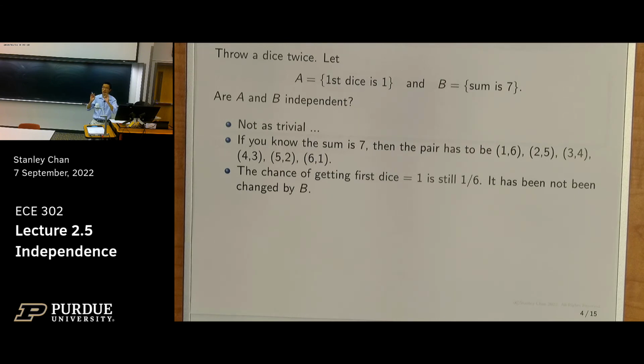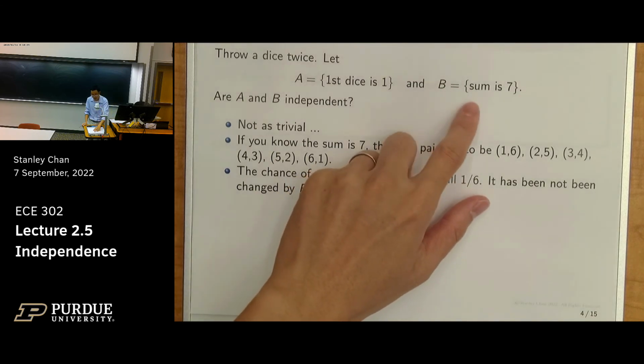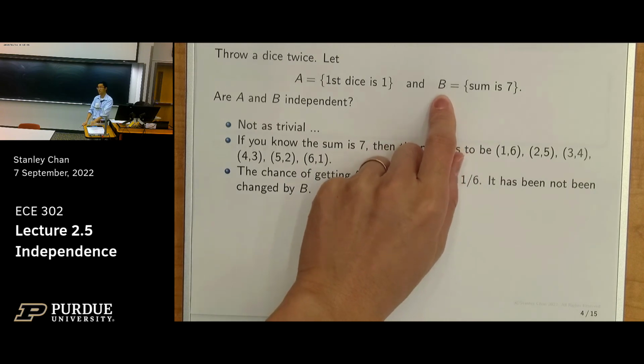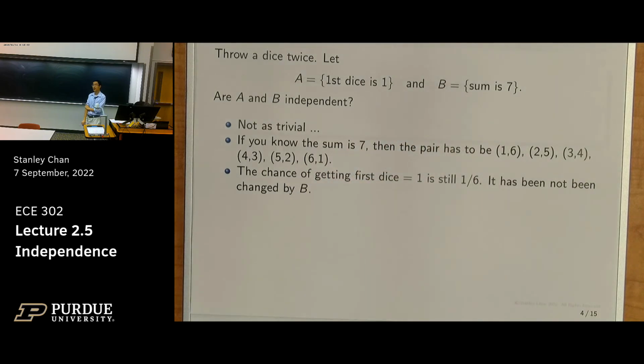Okay, so why don't we sit down and do some very simple calculation. What are all the possible cases of getting B? What are all the possible configurations that can lead you to B? 1, 6, 2, 5, 3, 4, 4, 3, 5, 2, 6, 1. 6 cases. Okay?